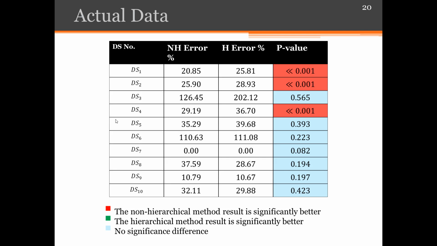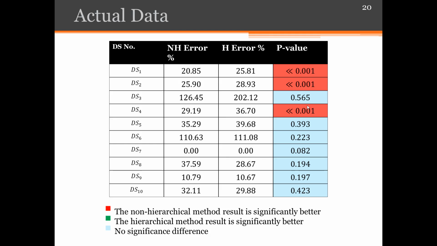And in here you can see the error rate for non-hierarchical method and hierarchical method and p-values, comparing them together. So the red portion is when the non-hierarchical method did significantly better, and the blue portion is where none of them outperforms the other.